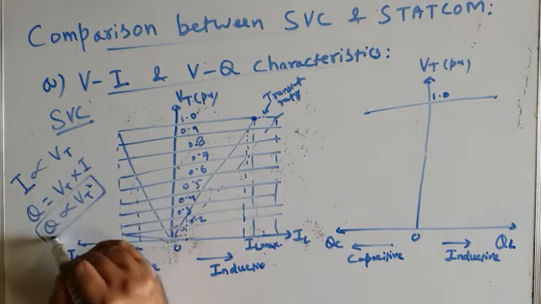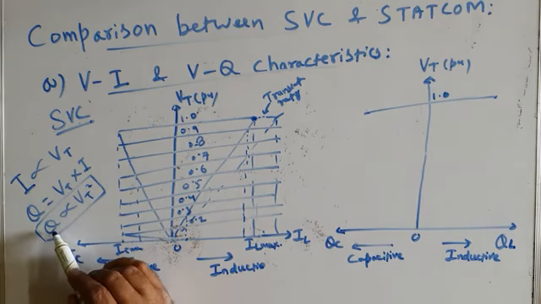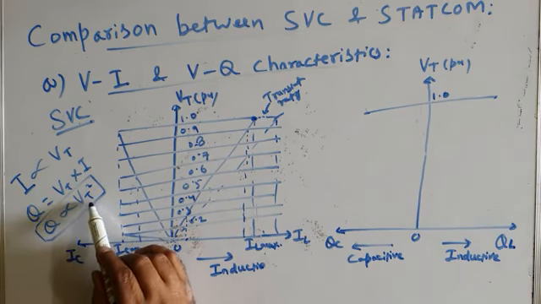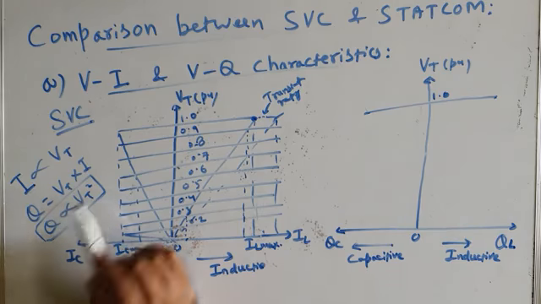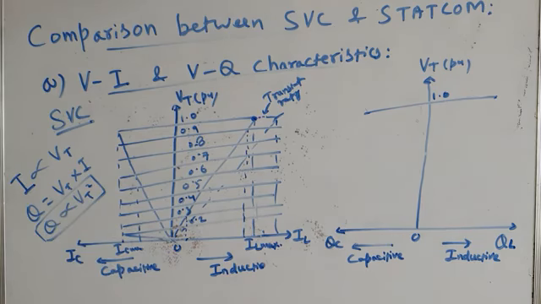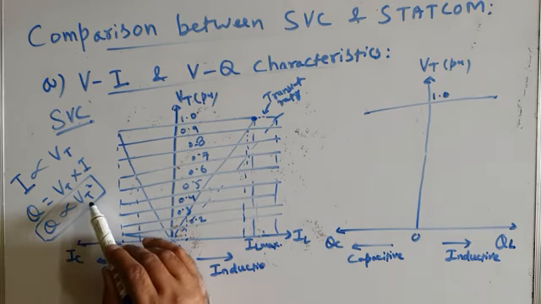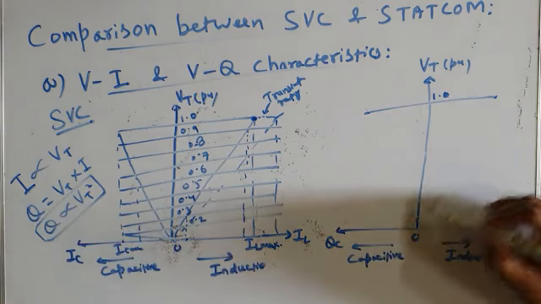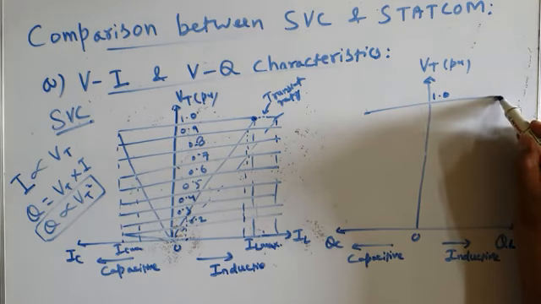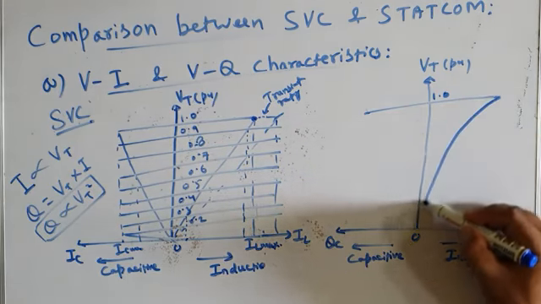That means in case of SVC, the reactive power is not proportional to bus voltage, it's proportional to the square of the bus voltage. That means if the bus voltage decreases by 2%, the reactive power absorbed or generated will decrease by 2 raised to the power 2, that's 4%. So therefore, Q is proportional to Vt square. So you will have this type of characteristic, a parabolic characteristic, like this.